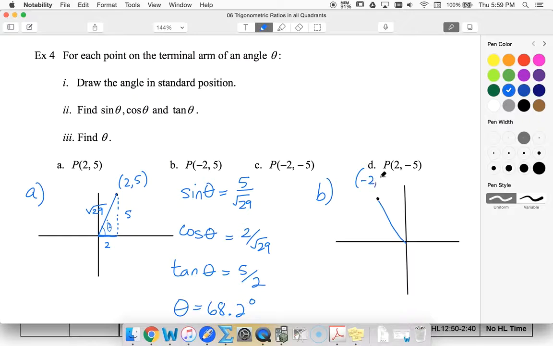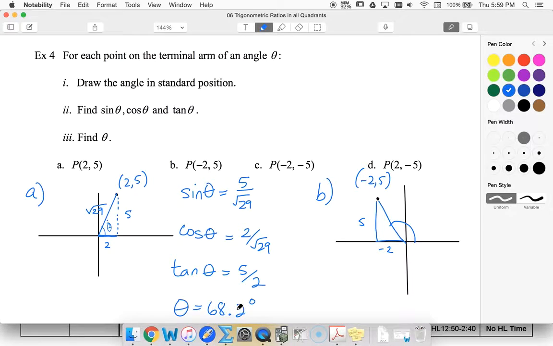So negative 2, 5. Now my theta measure is here, but my reference angle is going to be the same with the x-axis. Note that my reference angle, because I still have my 2 and my 5, this value is going to be the same.